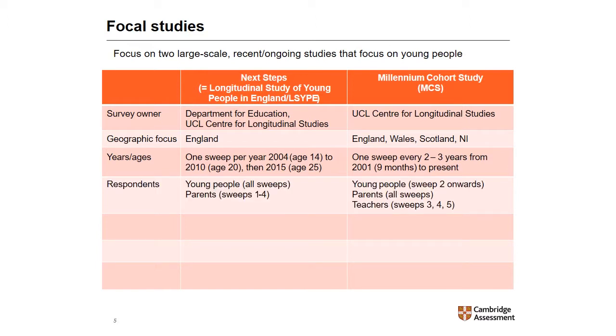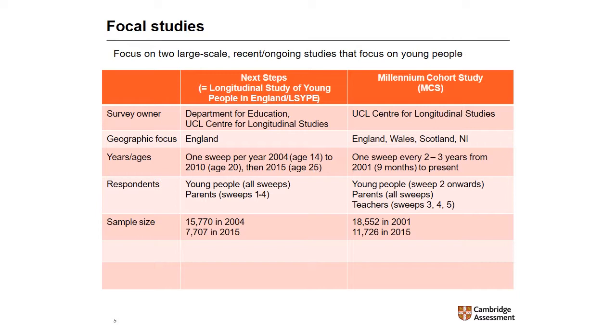In terms of who the respondents are, well, young people are the focus of Next Steps in every sweep, and parents were also included in the first 4 sweeps. The Millennium Cohort Study, as it started when they were only 9 months old, the young people have been included from sweep 2 onwards. Parents have been included in every sweep so far, and teachers were included when the children were at primary school.